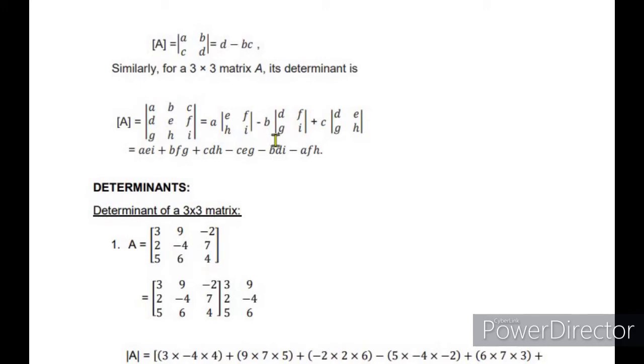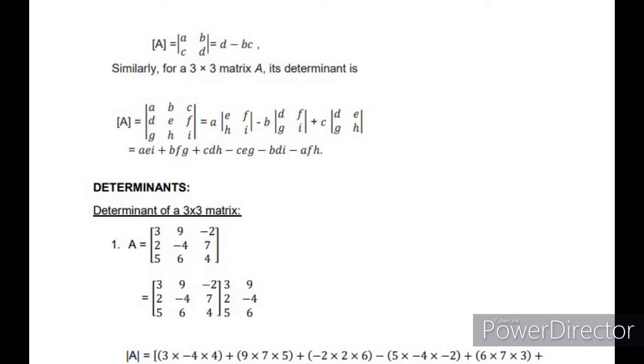So these elements do not belong to the column and the row to which element A belongs. Minus element B. Element B is in the upper middle, first row, multiplied by the elements D, F, G, I. So how do we get these elements D, F, G, I? We get them by taking all the elements that do not lie on the row and column to which element B belongs.